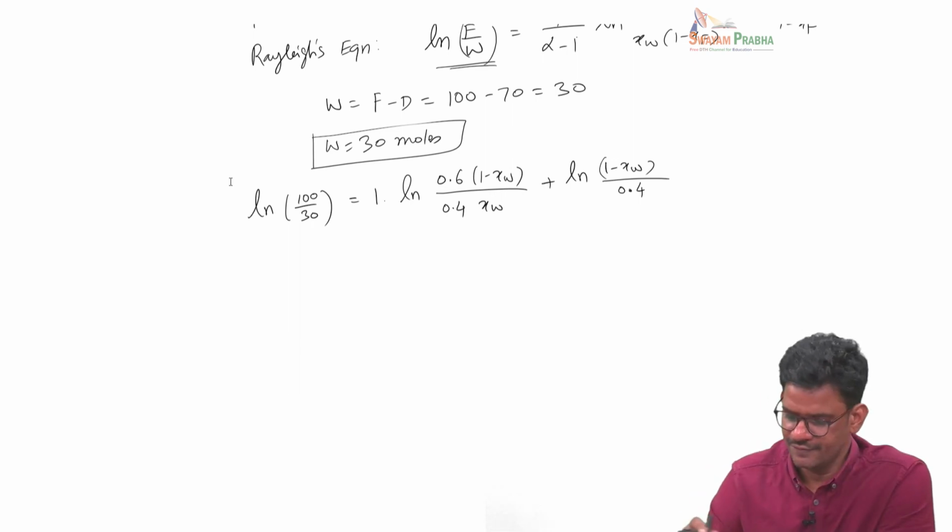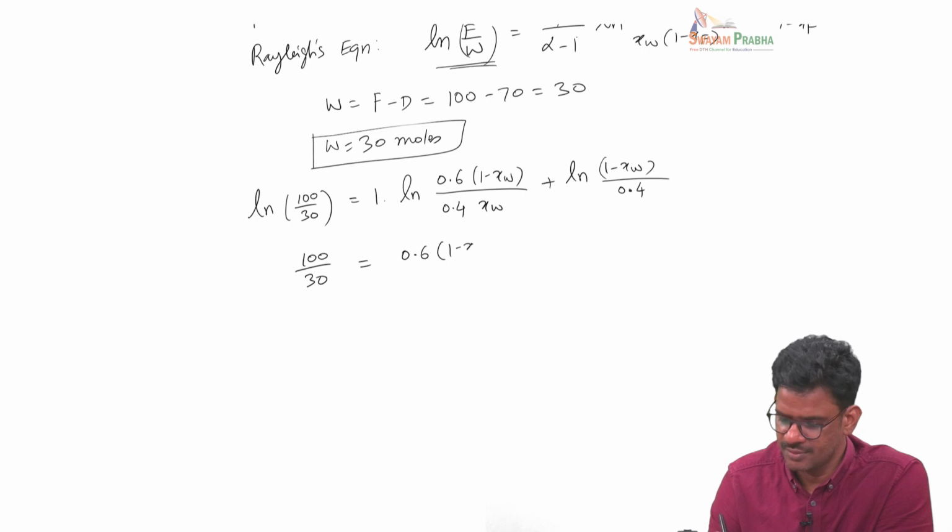Now everything is actually in logarithm. So we will write it as the following: 0.6 times 1 minus XW times 1 minus XW, and here we have 0.16 XW.